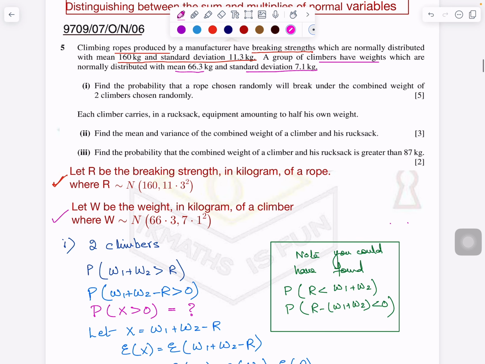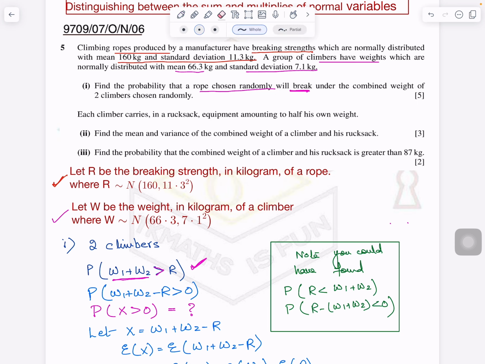The first part of the question says, find the probability that a rope chosen randomly will break under the combined weight of 2 climbers. It means the weight of 2 climbers is greater than the strength of the rope. Only then will it break. Understood? That's why I have made this inequality, reading the question properly.